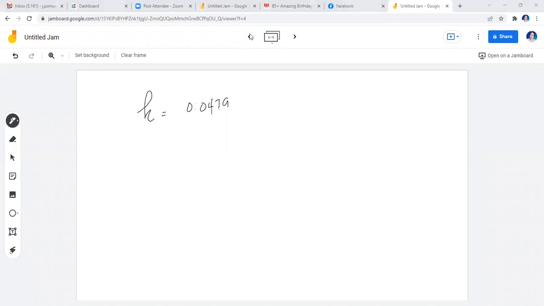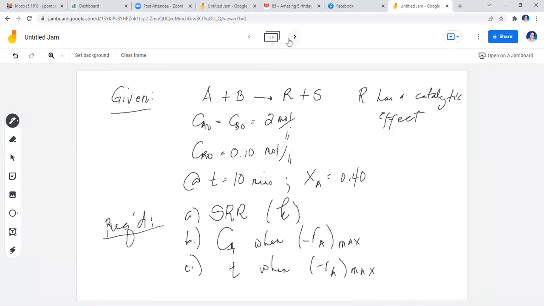No, that's not liter per mole per minute. What's the set of units for the K? No, it's not liter per mole per second. Look at the given units that we're working on.